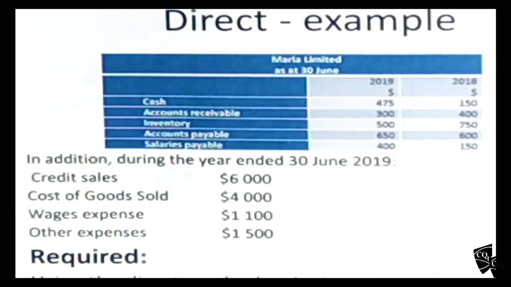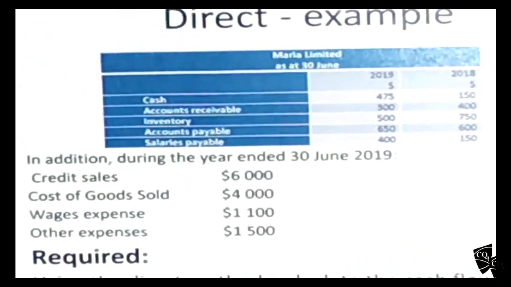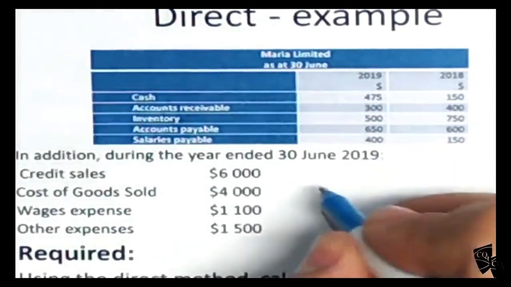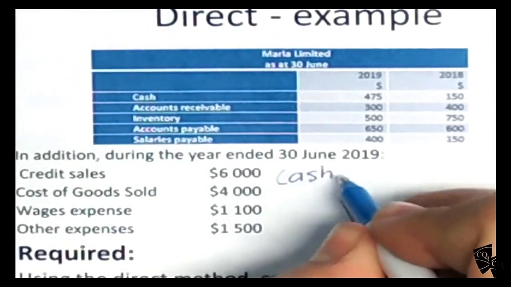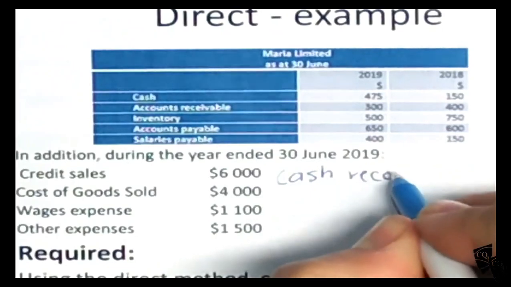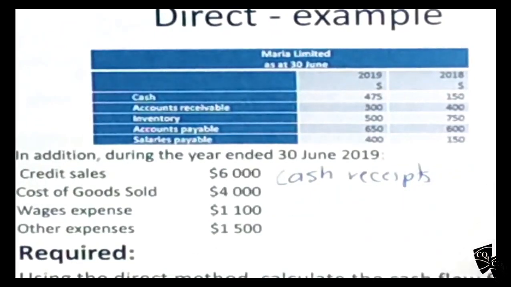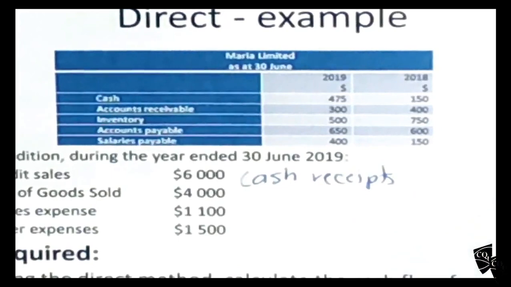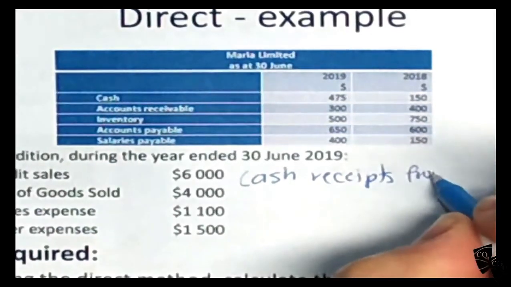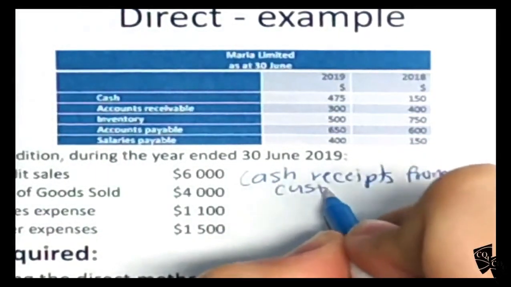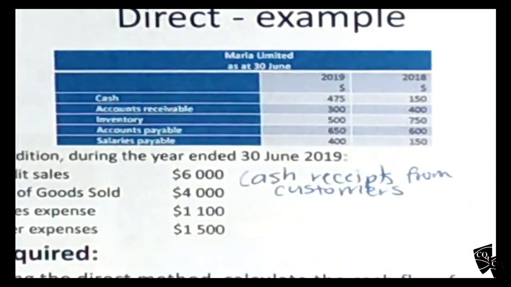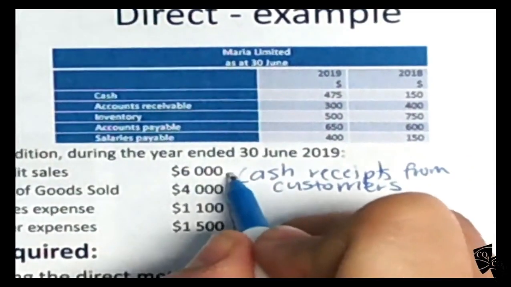Okay, so there's three categories, so I'm going to try and squish them in on this slide. So cash receipts from customers, that's our first category. That's the first one that we're calculating. Put a dot point there.